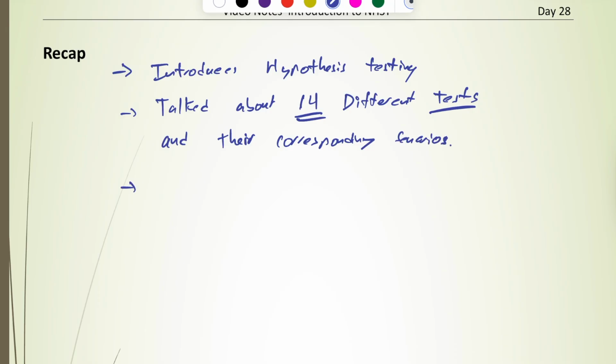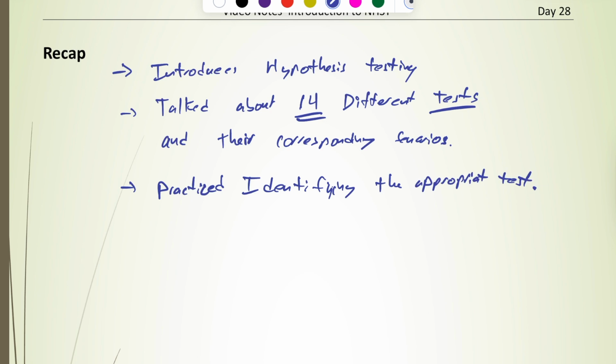Then we practiced identifying the appropriate test. All right, and that was it.